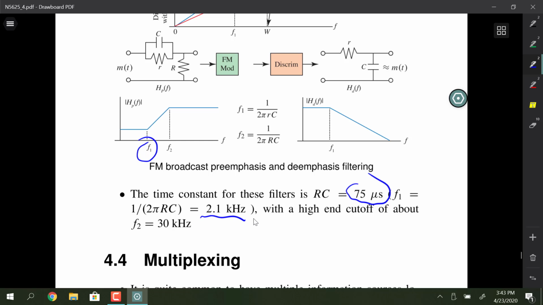So pre-emphasis and de-emphasis was used in the olden days for vinyl recordings. Pre-emphasize the high end so that when you play back, you can mask over some of the noise that comes about in the mechanical playback of the needle that sits in the grooves on the vinyl LP.